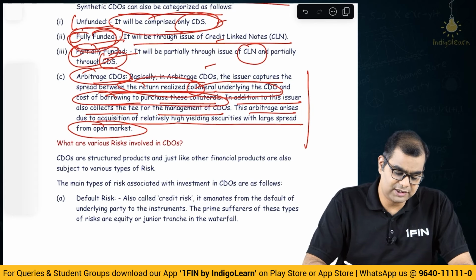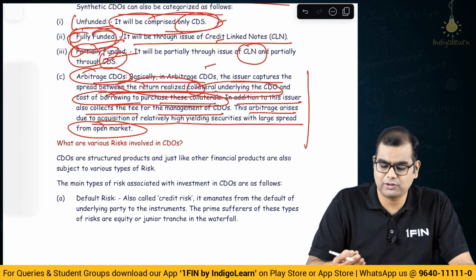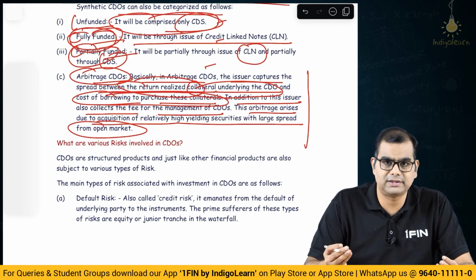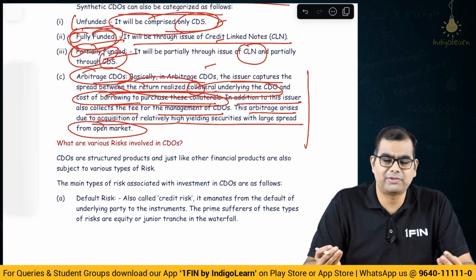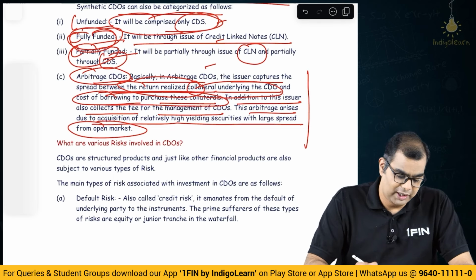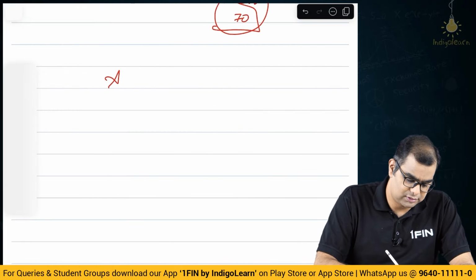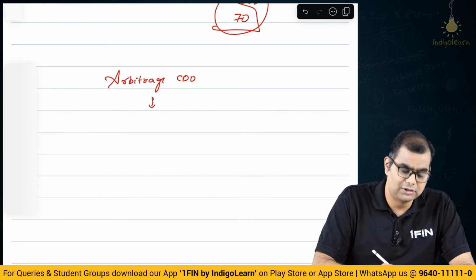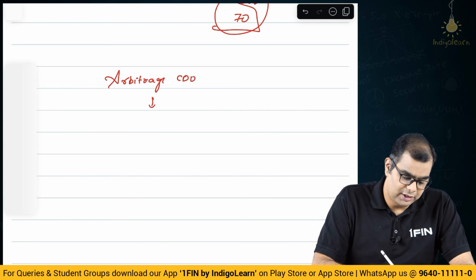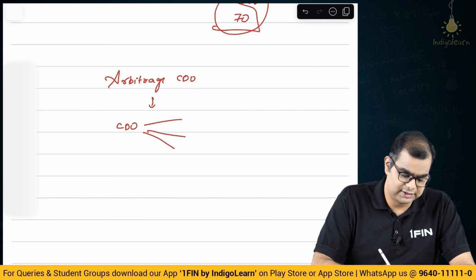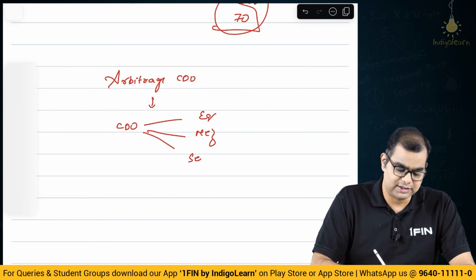So, what happens in an arbitrage CDO? Arbitrage means where there is a difference in two markets, one is cheaper and one is costlier, and you try and make money. In an arbitrage CDO, you issue a CDO, there are three tranches: equity, mezzanine and senior.